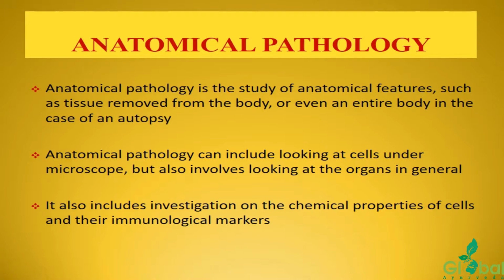Whenever any pathology happens to a particular organ, some chemical components will be delivered or accumulated in certain portions of the tissue or cells, along with immunological markers wherever there are infective or inflammatory conditions. As a result, some immunological markers also will be distorted. The presence of these chemical components and immunological markers gives some idea regarding the diagnosis or the clinical condition. That we discuss under anatomical pathology.